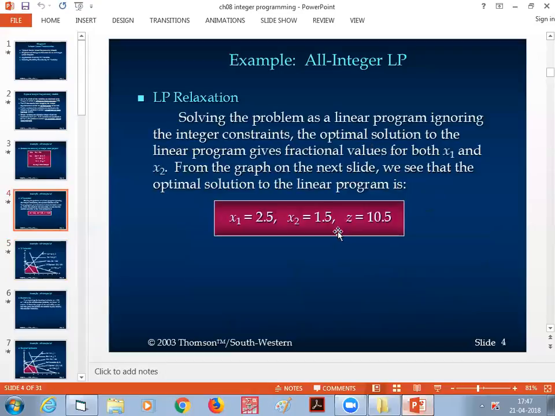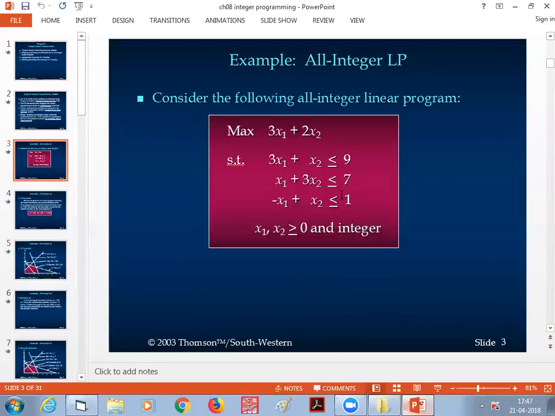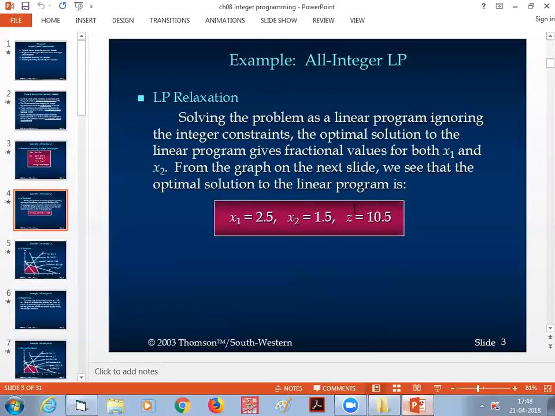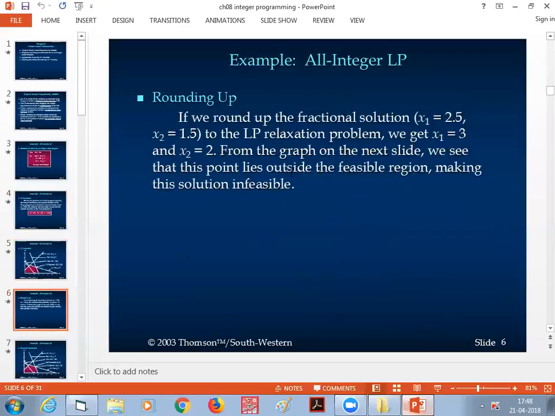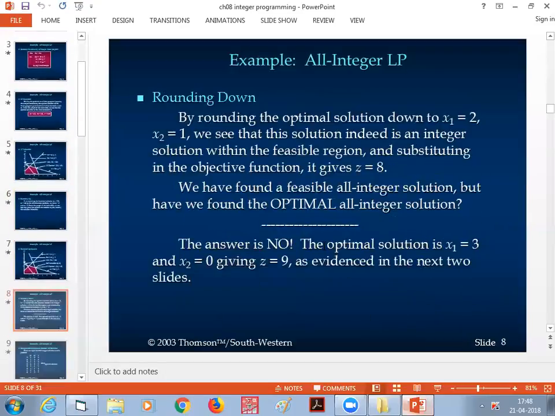Suppose it is cars and motorcycles. 2.5 cars we cannot produce. So what should we do next?